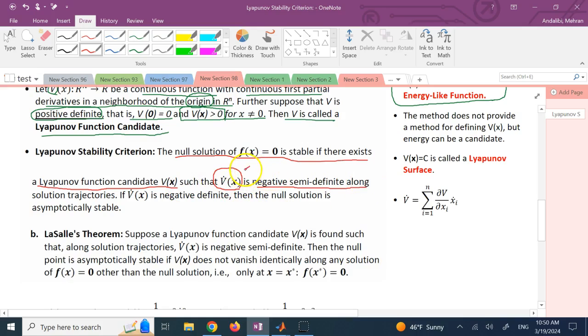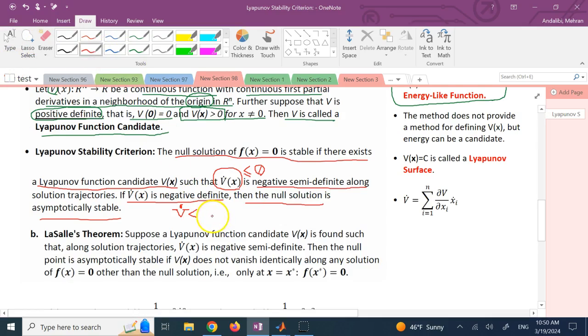Negative semi-definite means V dot of x is less than or equal to 0. Now, if we find the derivative to be negative definite, which means V dot is only negative, then the system is asymptotically stable.